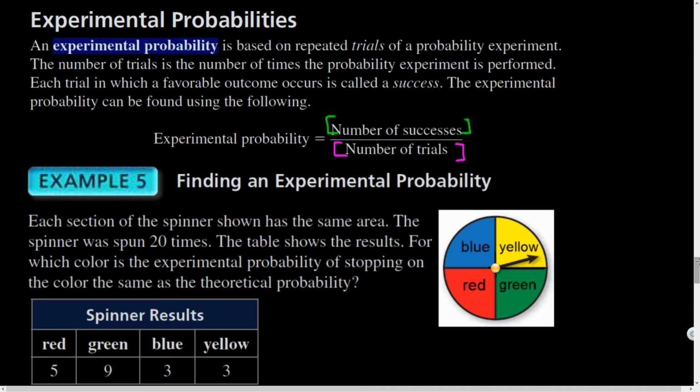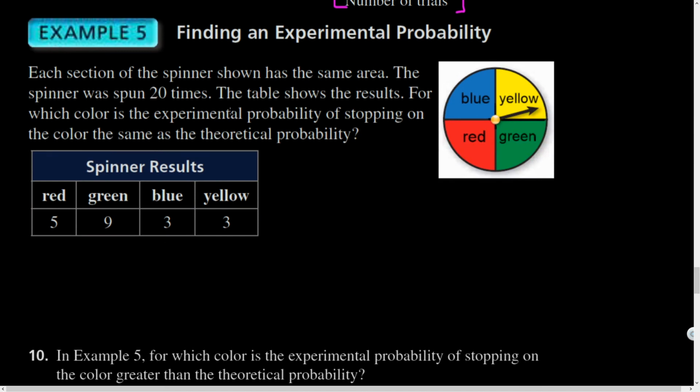Here in example 5, let's say you got a little spinner, and it's got the same area for each of those. That seems to be true. The spinner was spun 20 times. So that's going to be our number of trials, my denominator.